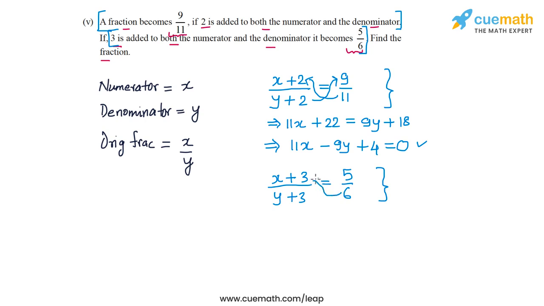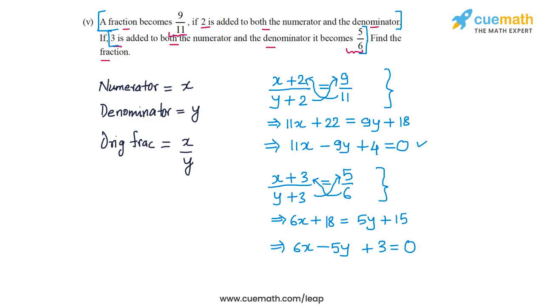Let's multiply 6 with x plus 3 and 5 with y plus 3. So this will give me 6x plus 18 is equal to 5y plus 15, and I can write this as 6x minus 5y plus 3 equal to 0.